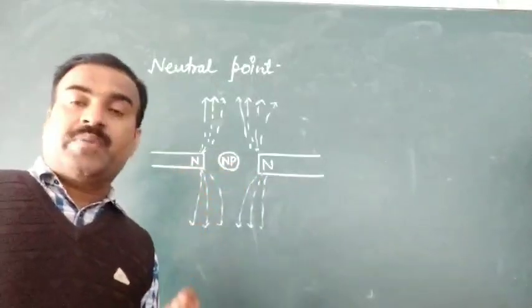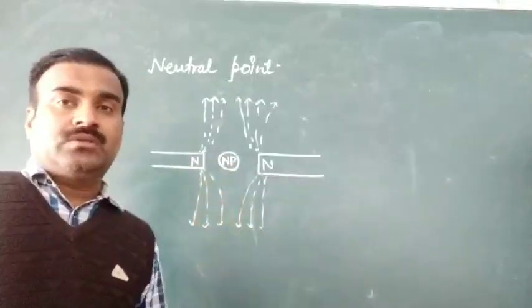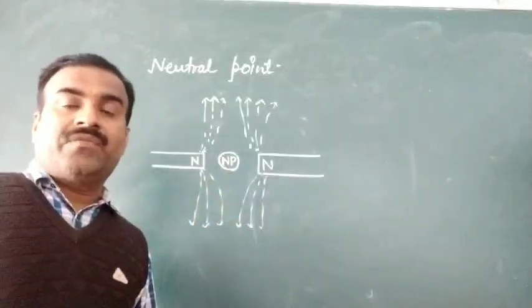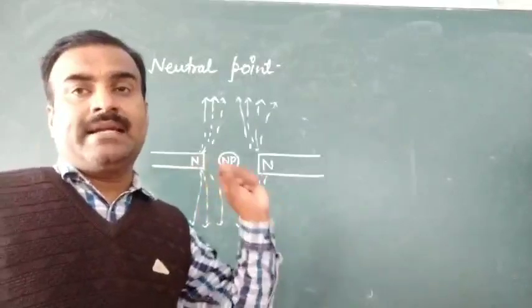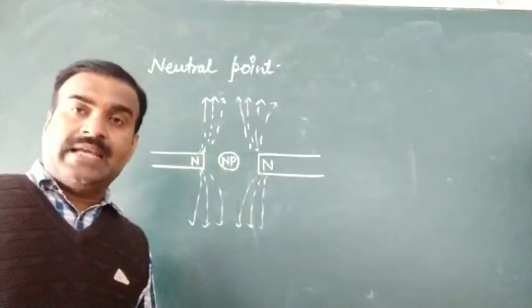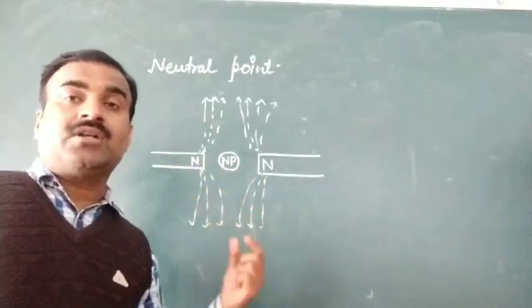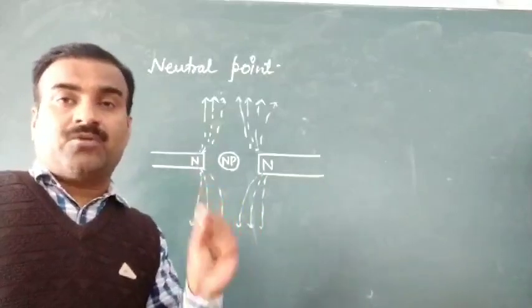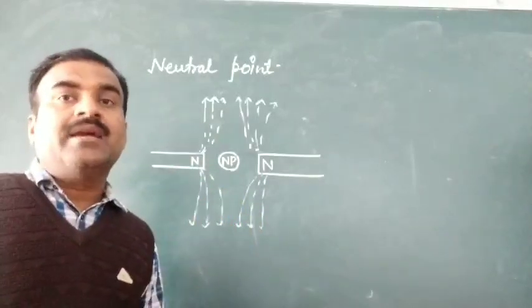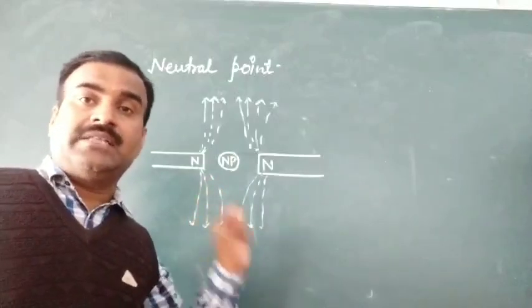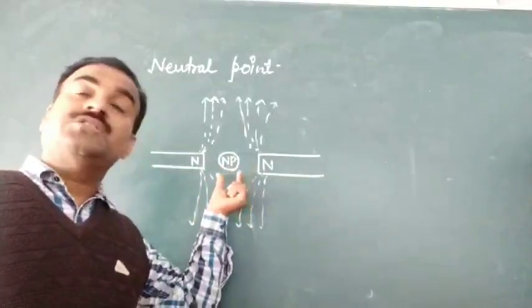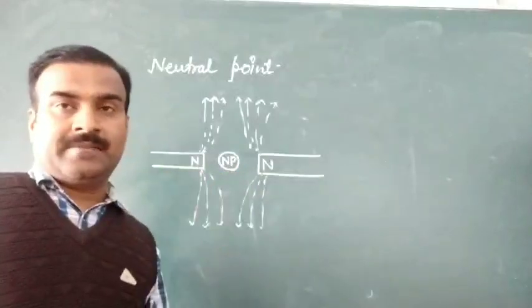The magnetic needle is not going to set in a particular direction. Then this point is known as the neutral point.